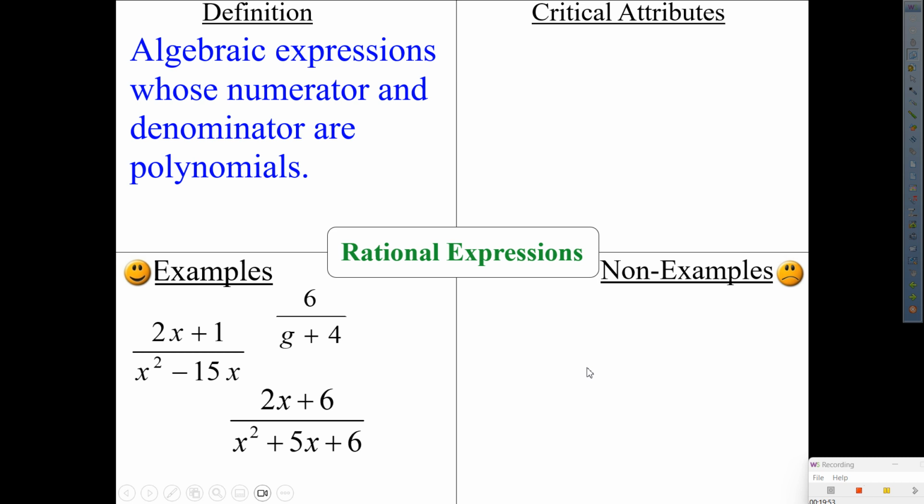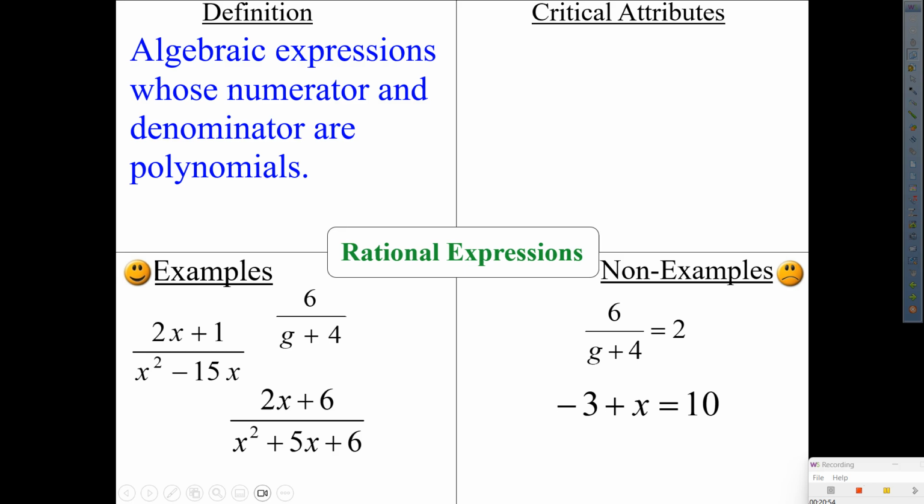All right? So, as you're finishing up writing that, look up. Tell your neighbor why those two are not rational expressions. All right. Looks like Luis got it.